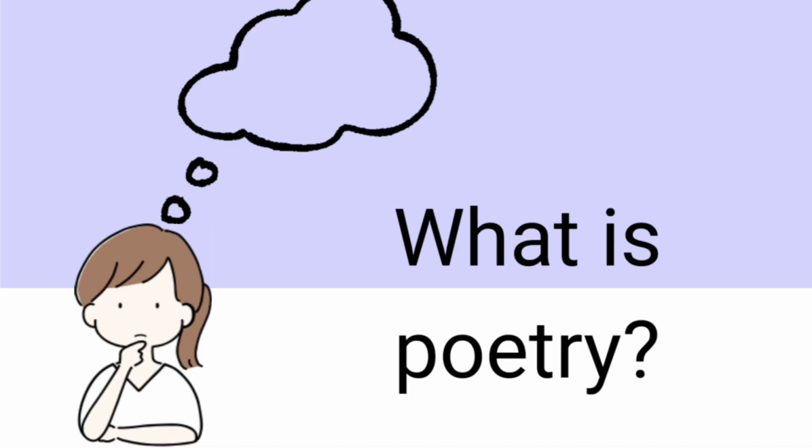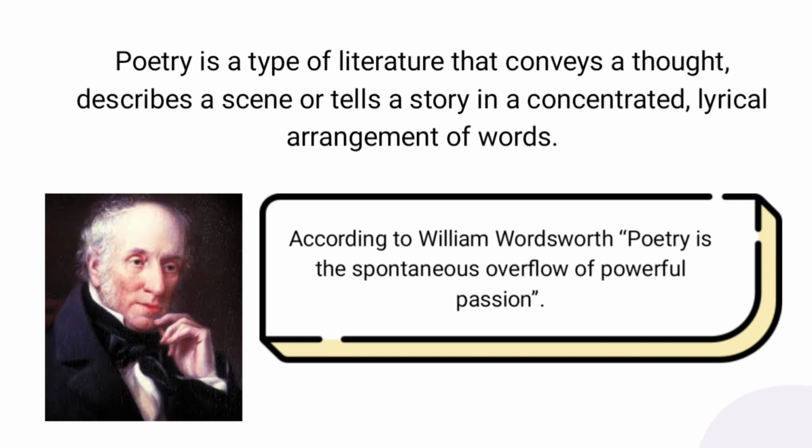So, what is poetry? The previous presenters already presented a number of definitions about poetry. According to William Wordsworth, poetry for him is the spontaneous overflow of powerful passion. That means it is a natural and immediate expression of strong emotions.